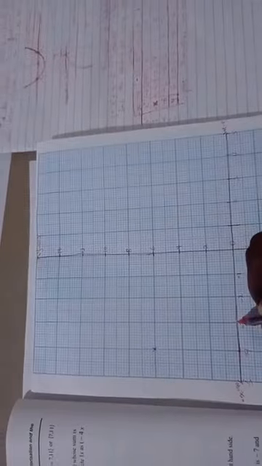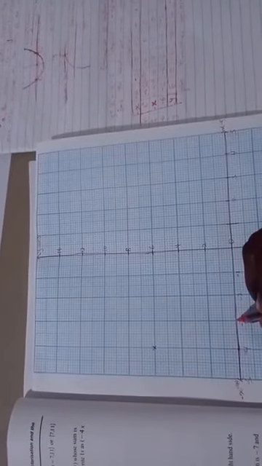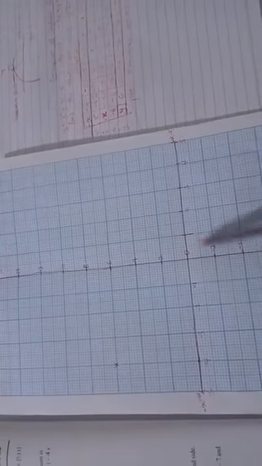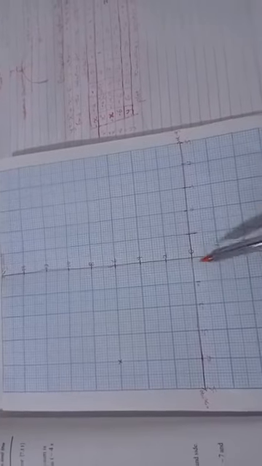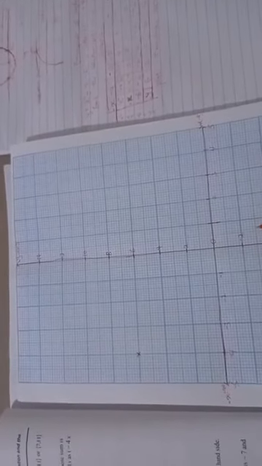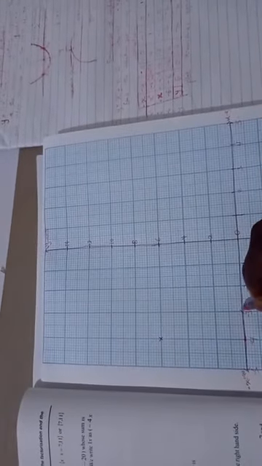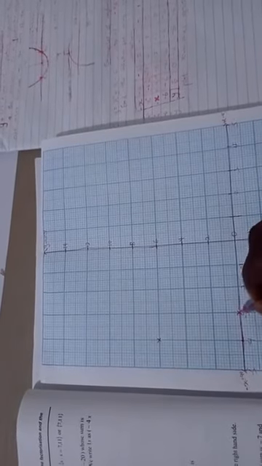I'll come to -3, and then -3, sorry, remember I'm using a scale of 2 centimeters to 1 unit, right? The scale is also important, 2 centimeters to 1 unit. And okay, so my point, -3 and 0. So -3 and 0 will be on the x-axis.